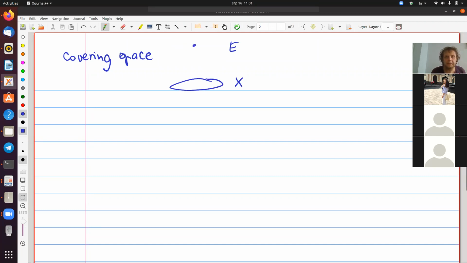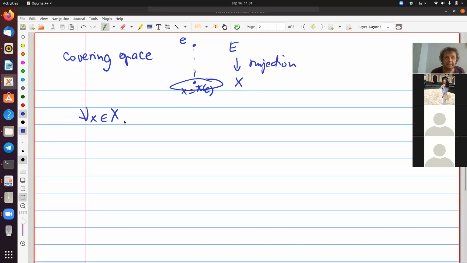For a covering space, you have a surjection from E to X. So π is a surjection.